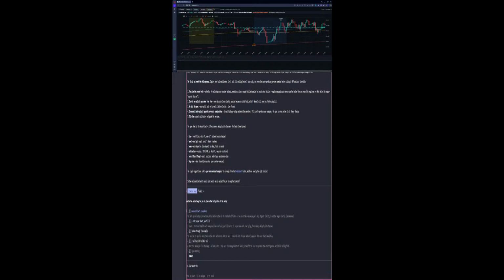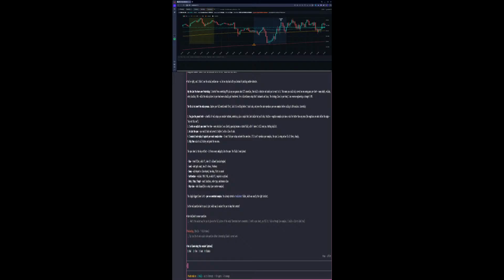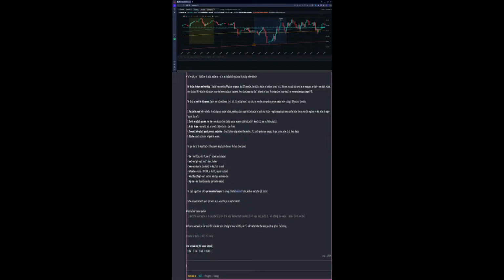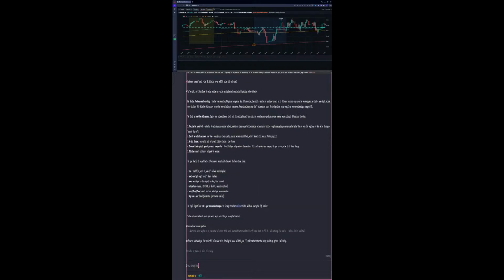Yes, so we already did this. Okay, so we already kind of have some stuff built, right, with the HUD.